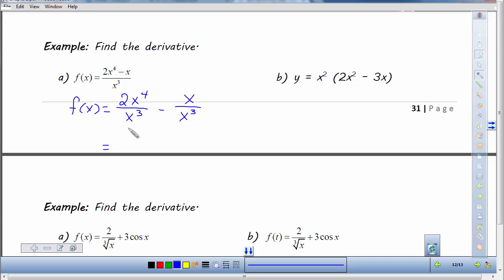And so when I reduce this, this is what? 2x minus 1 over x squared. Or we've got 2x minus x to the negative 2.